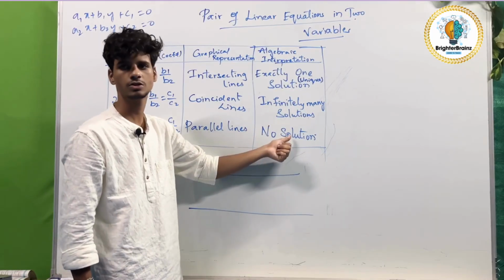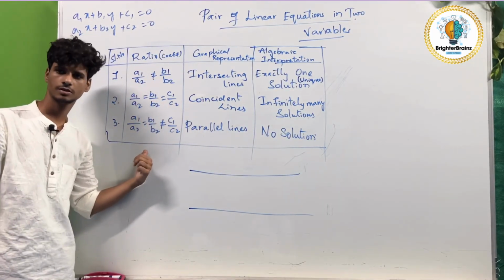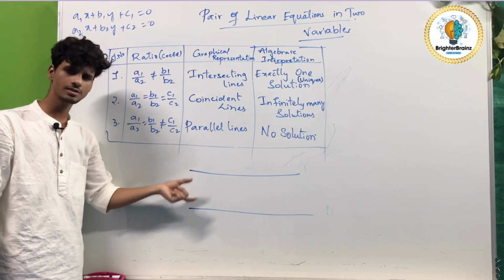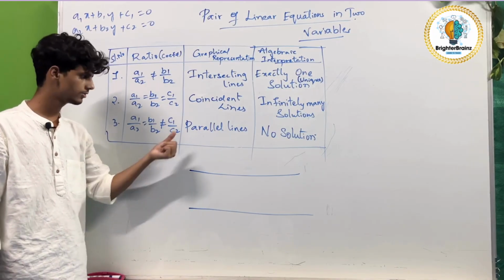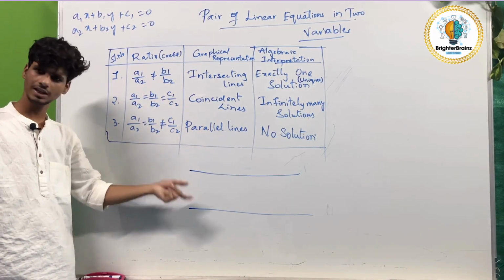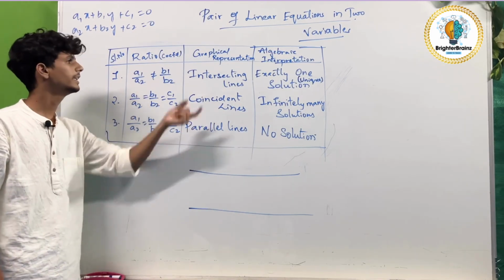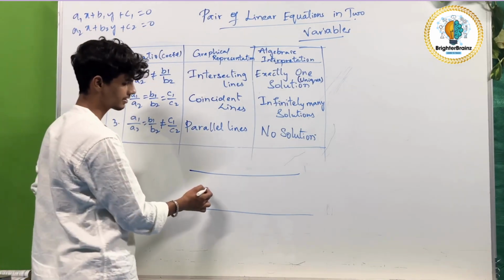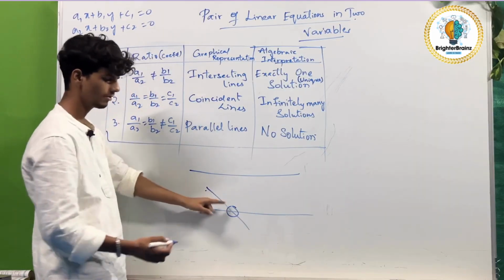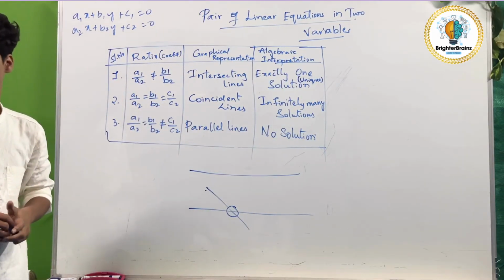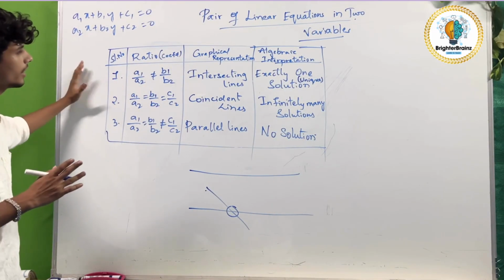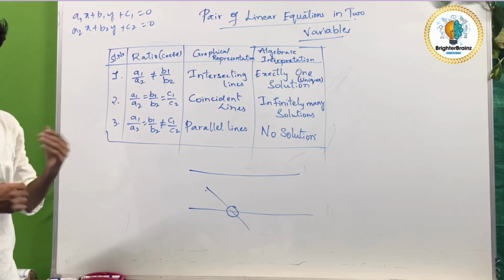So there is no solution for this case, okay. Parallel lines, there will be no intersecting point, so no solution. Coincident lines, they will be on the same line, so they are having many solutions. And intersecting lines, they will be intersecting only at a single point, so that's why we are having only one solution. That's all. There is nothing more to learn deeper here, okay.